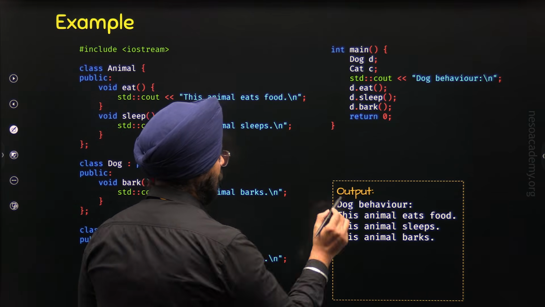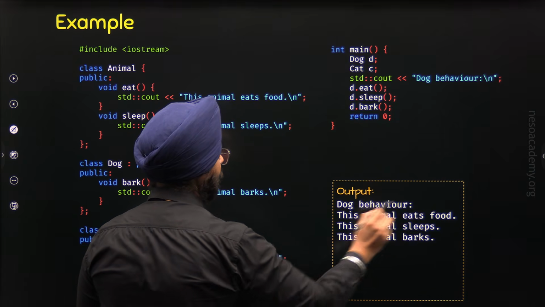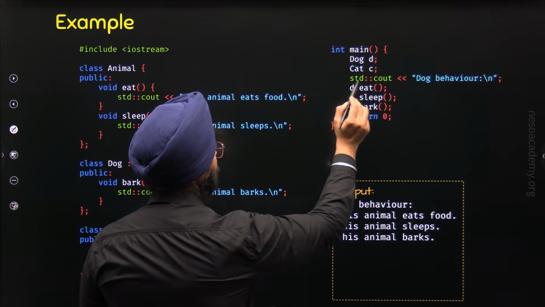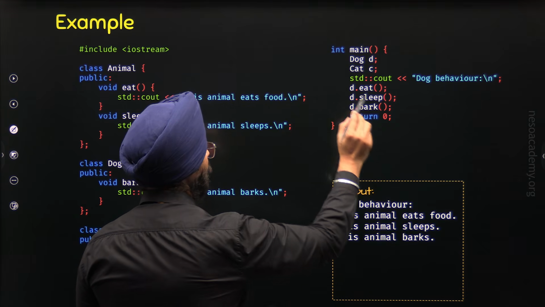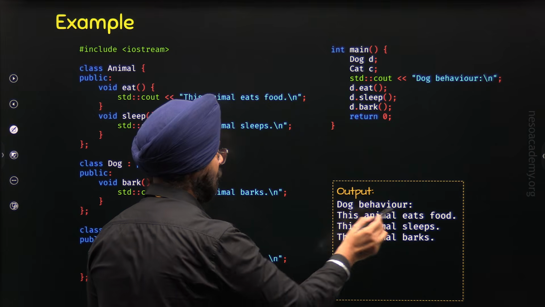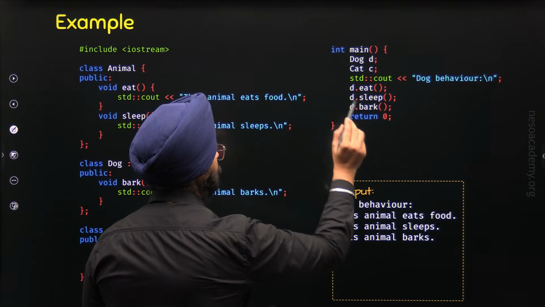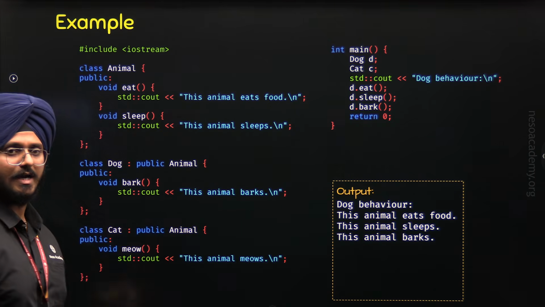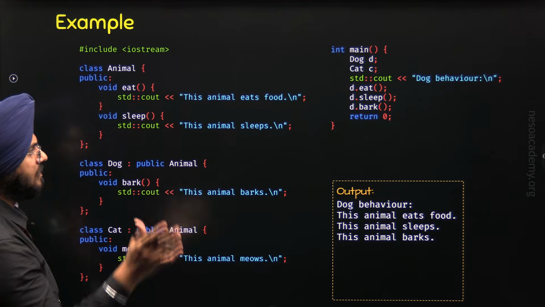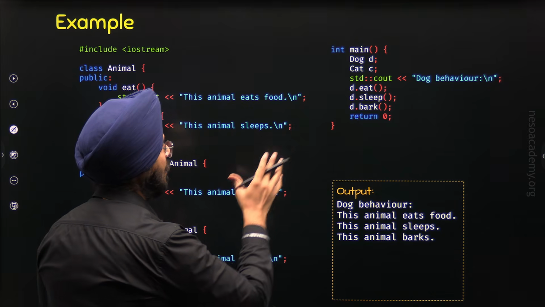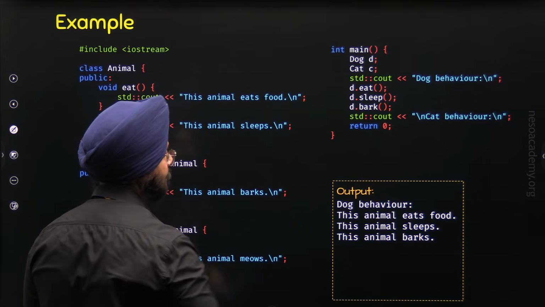Here we have this animal eats food. We are getting this message because of d.eat. Then we are getting this animal sleeps because of d.sleep. And then we are getting this animal barks because of d.bark. I hope this is clear to you. Now, in the same way, let's display the behavior of the cat as well.